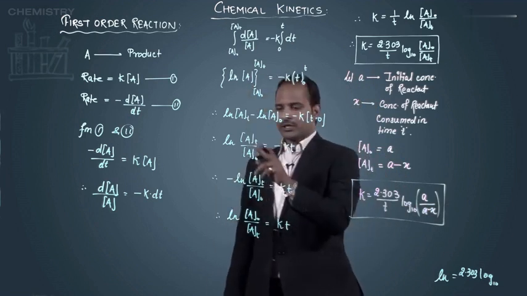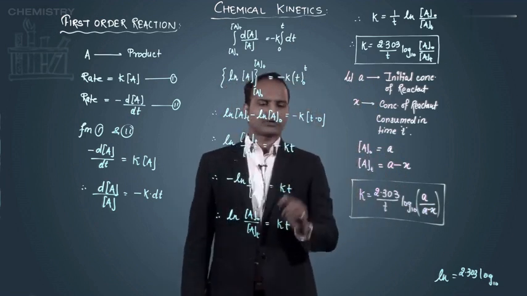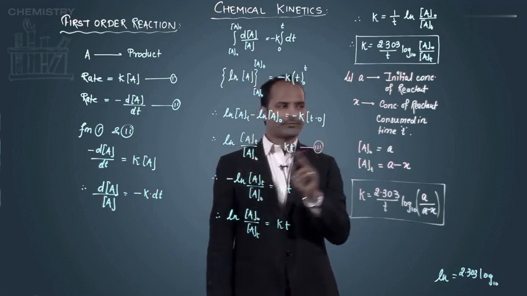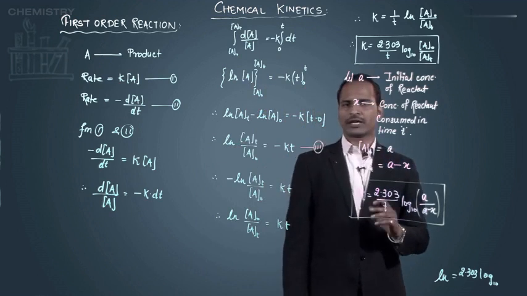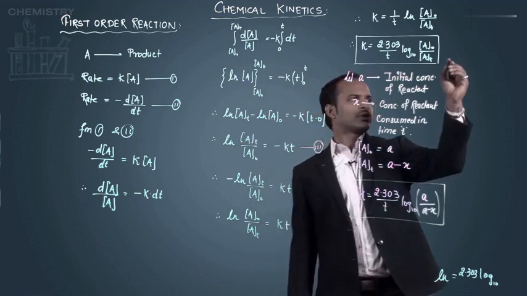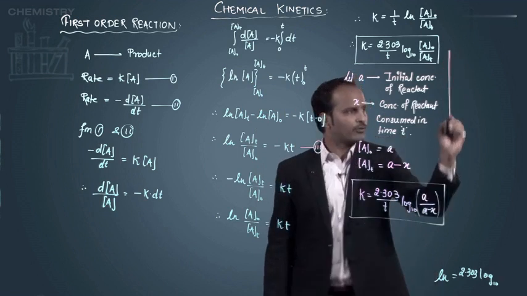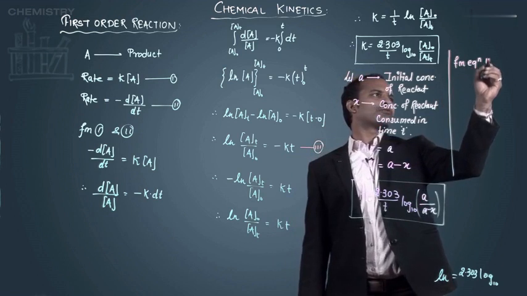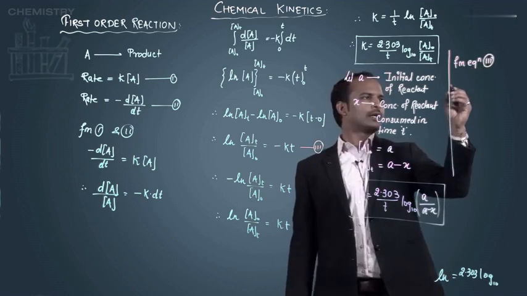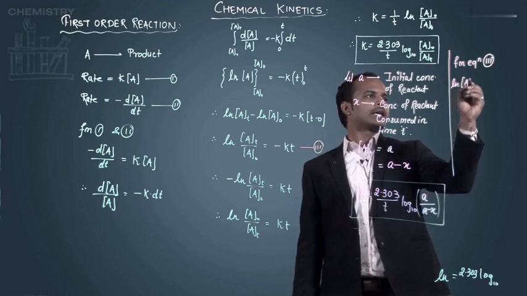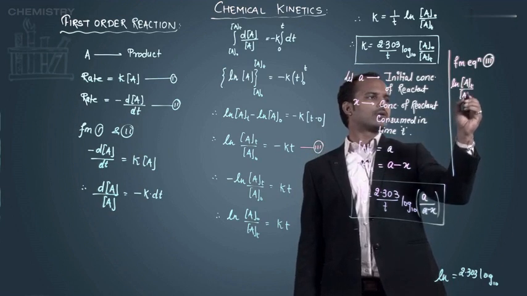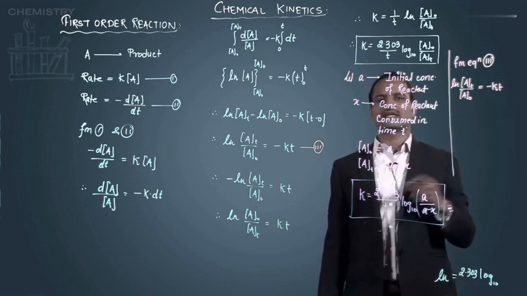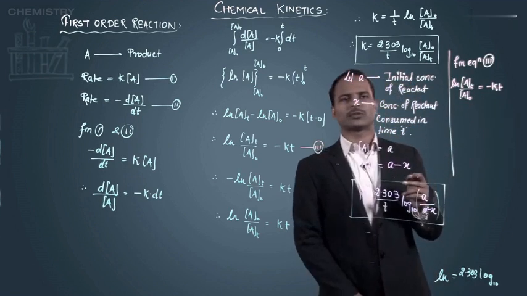Now, since in the formula we have ln, we can write the same formula in exponential form also. This is equation number 3. So let us write the same first order formula in exponential form. Considering equation 3, we have ln of AT upon A0 is equal to minus kt. There is an ln, let us remove it. ln is nothing but log to the base e.